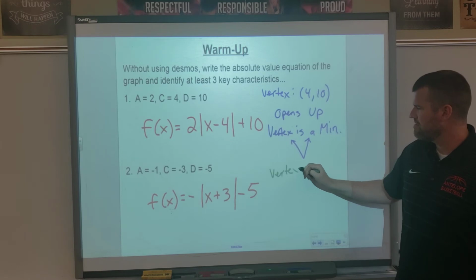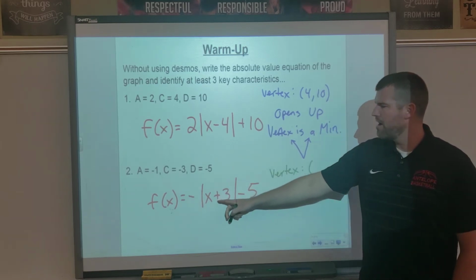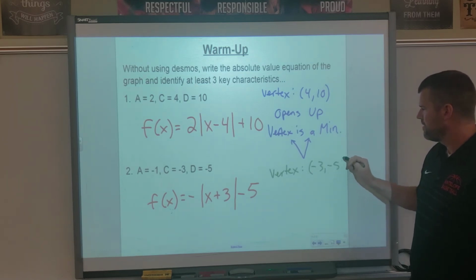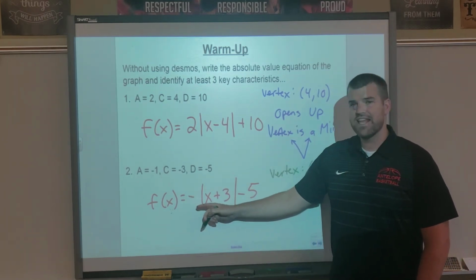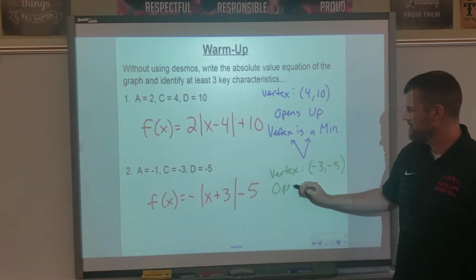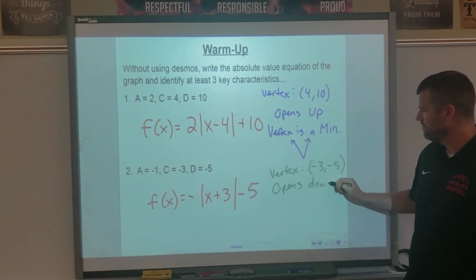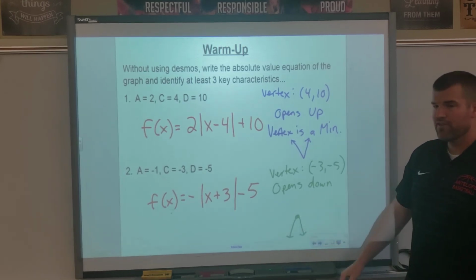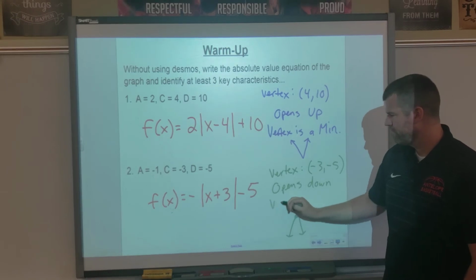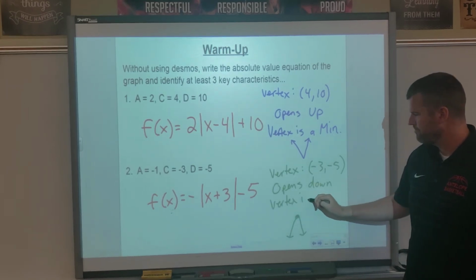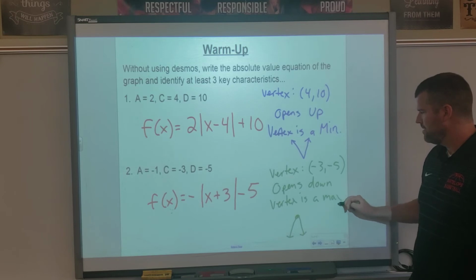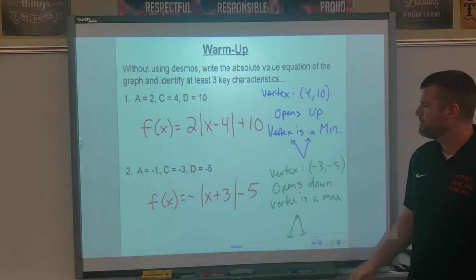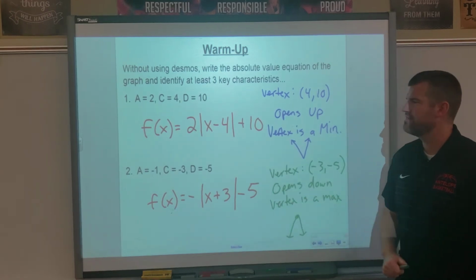One would be our vertex, which is going to be opposite of this, so (-3, -5). We know because the A is negative, our graph will open down. Because our graph opens down, we know our vertex is a maximum. And then we could go find things about our axis of symmetry, domain, range, intervals of increase and decrease. But these are the key pieces of information.